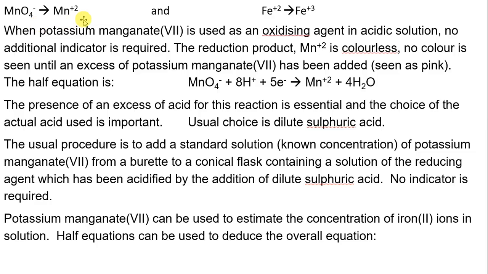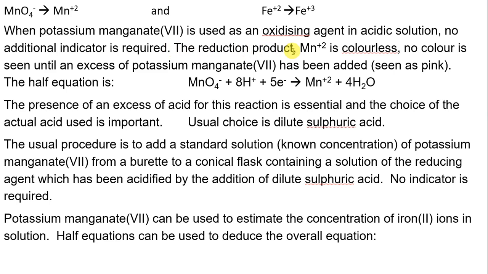MnO4 minus going to Mn plus 2. That's the manganate 7 ion being reduced to Mn plus 2. On the other side, Fe plus 2 being oxidized to Fe plus 3. When potassium manganate 7 is used as an oxidizing agent in acidic solution, no additional indicator is required.